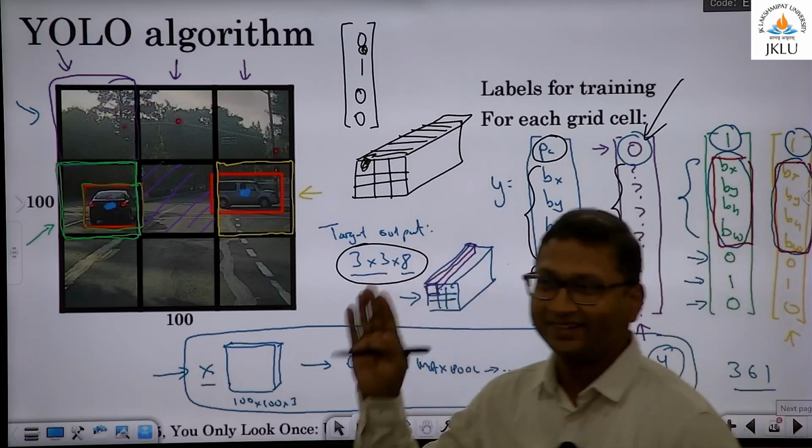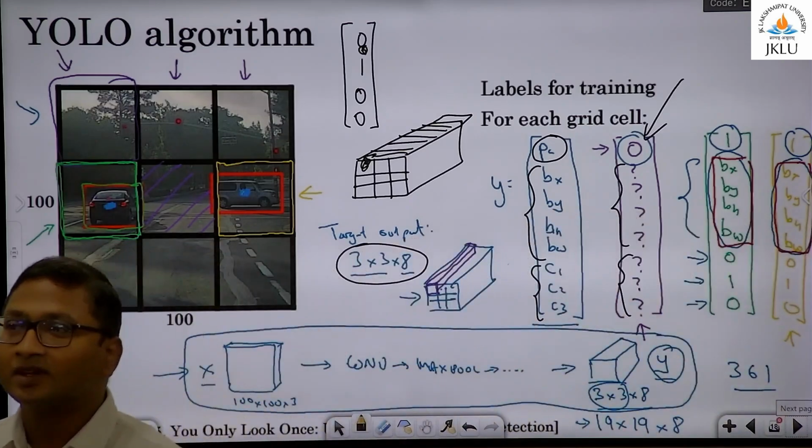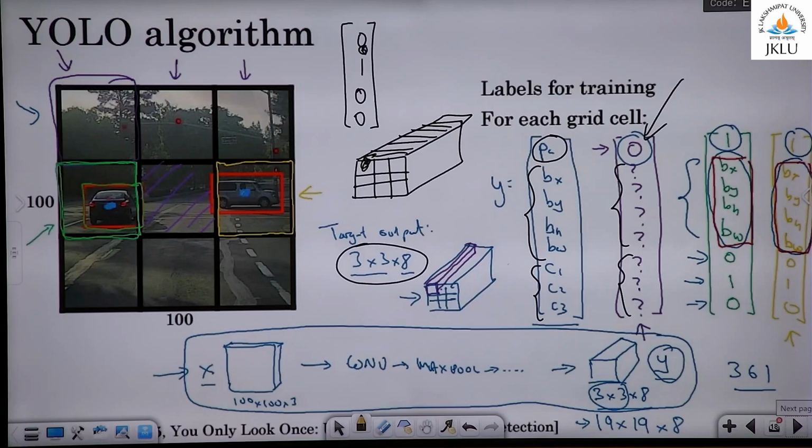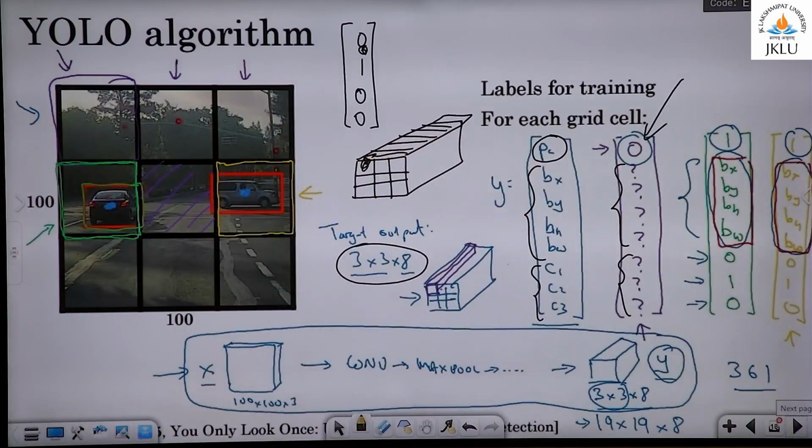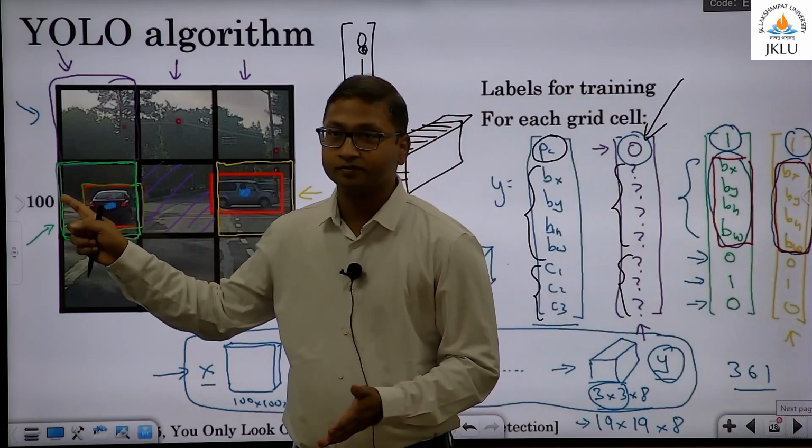Yours is also good. Tell me whether we are at training stage right now or at test stage. Training. So if you are at training stage, who gives you this bounding box? Labeler. So this bounding box is already labeled.